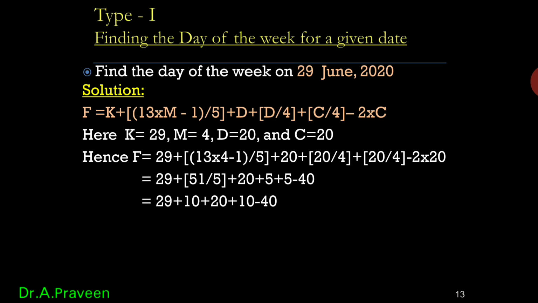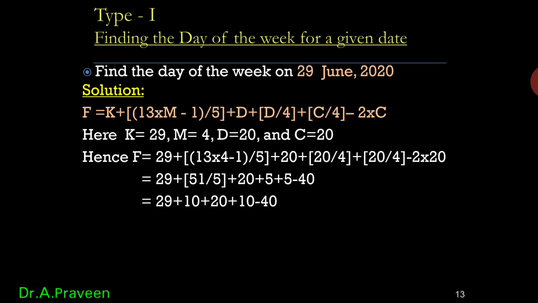That equals 29 plus, since 51 divided by 5 is enclosed in brackets, we have to take only the integral part, or in other words, you divide 51 by 5 and write the quotient. 10 times 5 is 50, so 10 is the quotient, so I put 10 plus 20 plus 5 plus 5 is 10 minus 40.